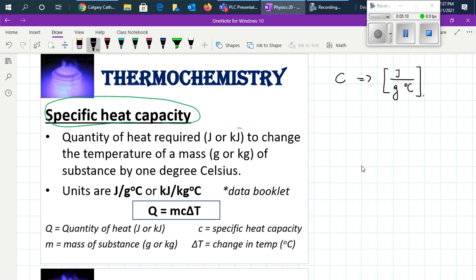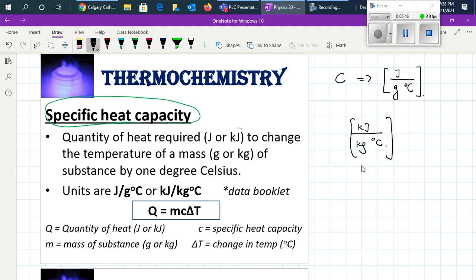Now, energy is measured in joules, and you know this even from Science 10, or in kilojoules. Let's take a look at those units and see if the energy is expressed in kilojoules. Joules per gram degree Celsius is the same as kilojoules per kilogram degree Celsius.